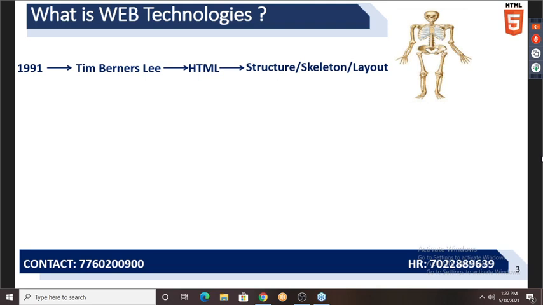Again, I repeat, 60% throughout, 2019-20 pass out, any stream. Civil, mechanical, any non-IT branches can also register.